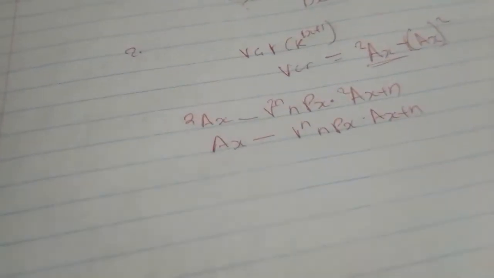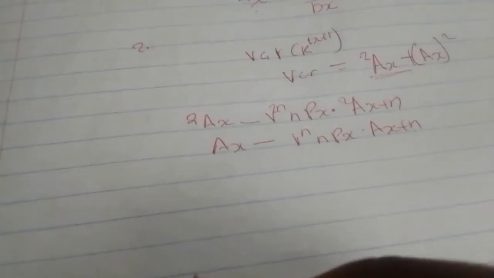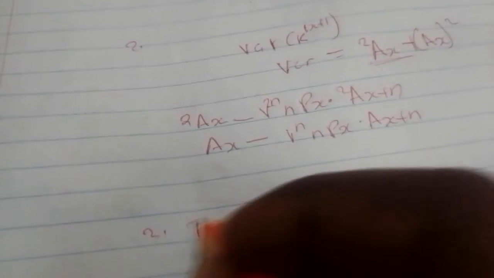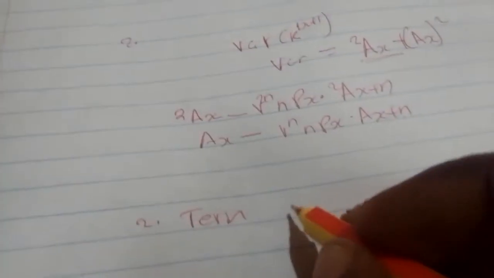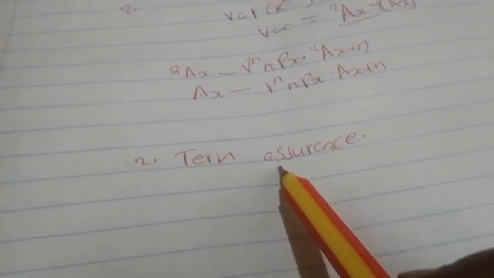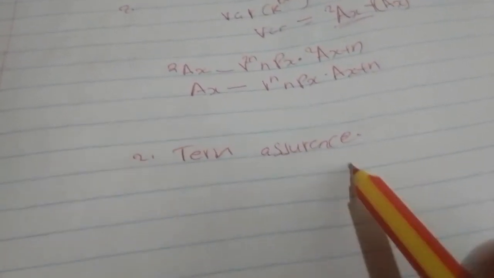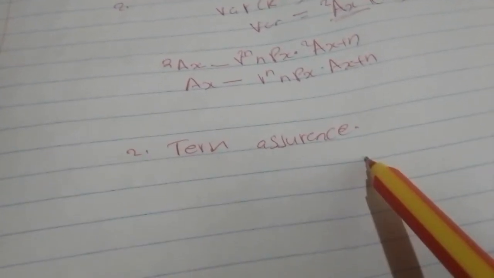So we can go to another one, number 2, which is term assurance. What is a term insurance? Term insurance is a contract to pay the sum assured on or after death, provided the death occurred during the specified period.